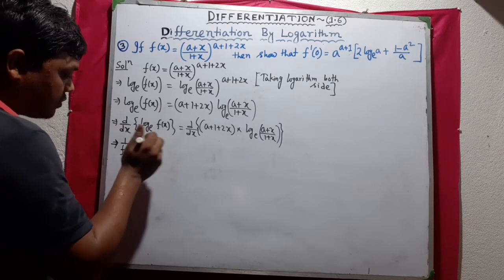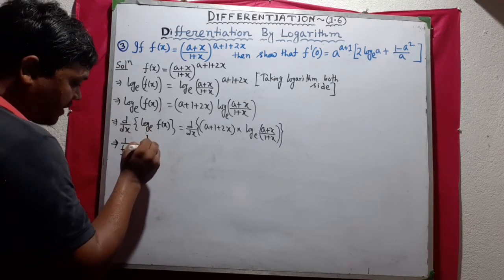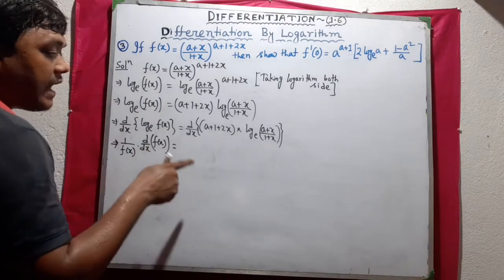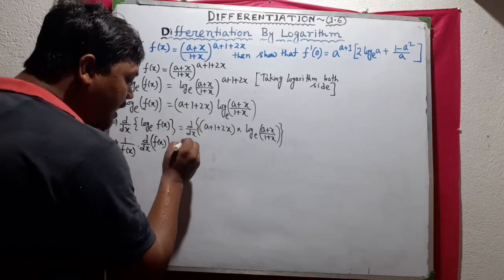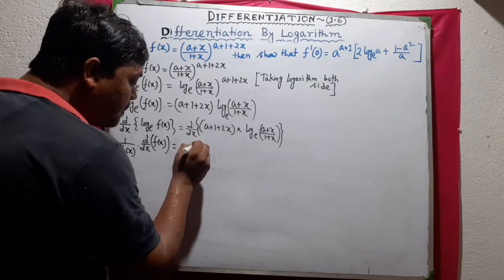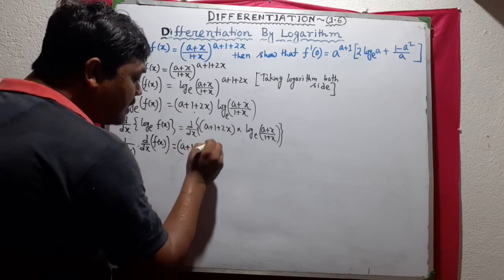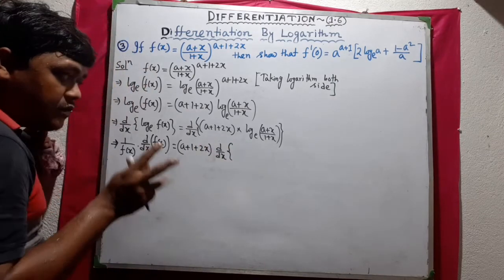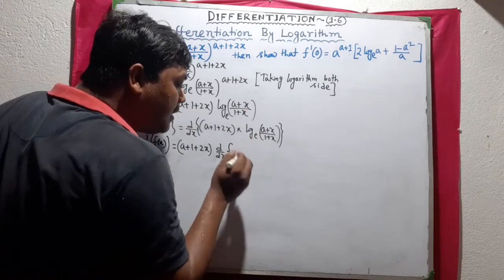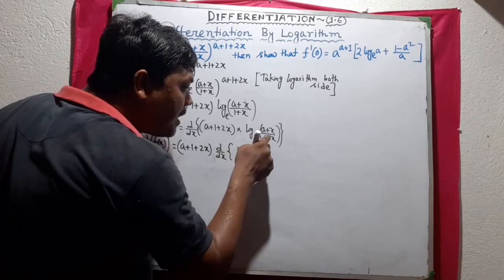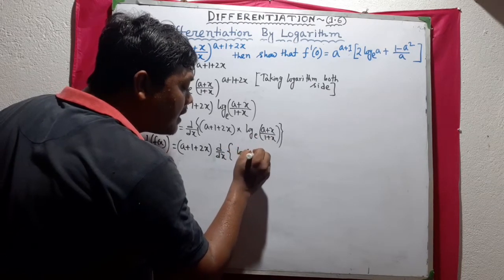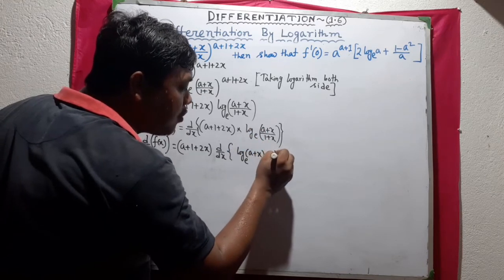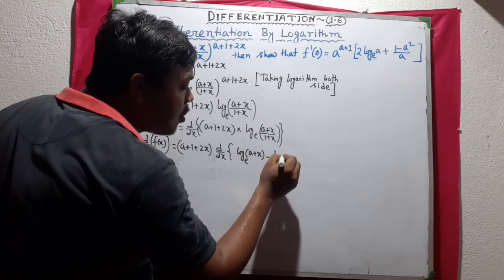Okay, so we write here d/dx of f(x), and according to the u into v formula, (a plus 1 plus 2x) into d/dx of, I just use the logarithm property, log of a by b is log a minus log b, log of m by n is log m minus log n.